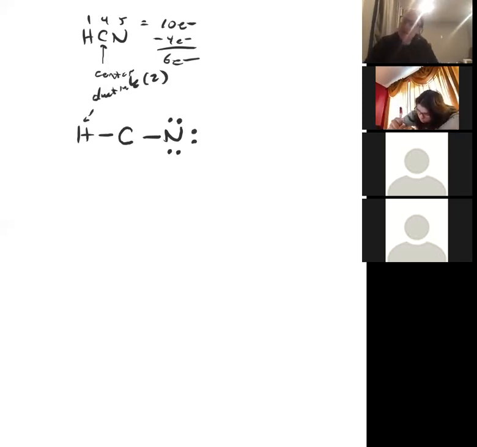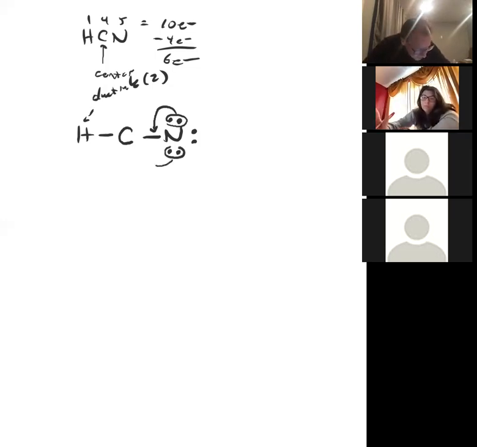So what do you do? If one has 8 and the other one has less than 8, you push a pair from the one that has 8. So I'm going to take a pair, push it over. Now both atoms get to count that. So instead of carbon just having 4, it now has 6. But again, we want it to have 8.